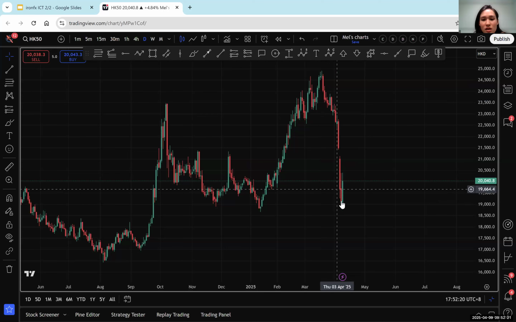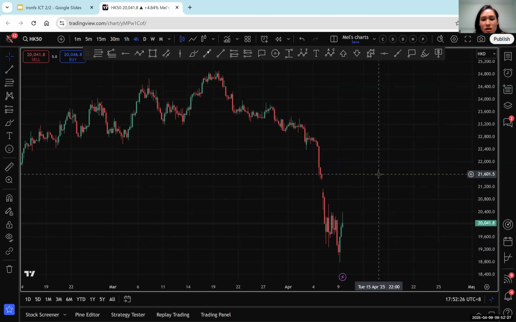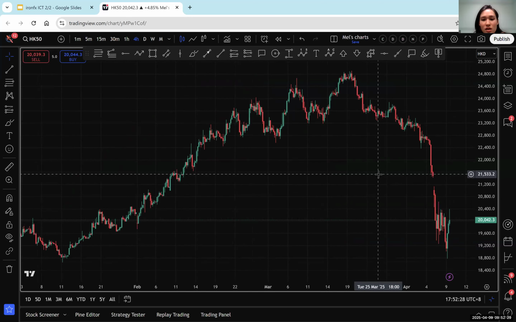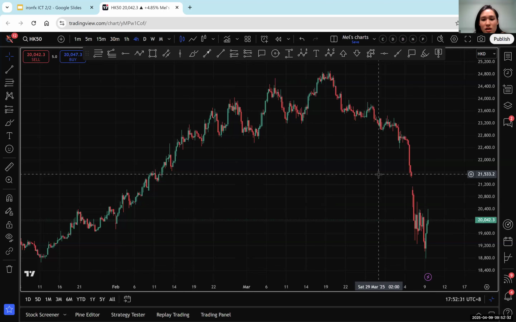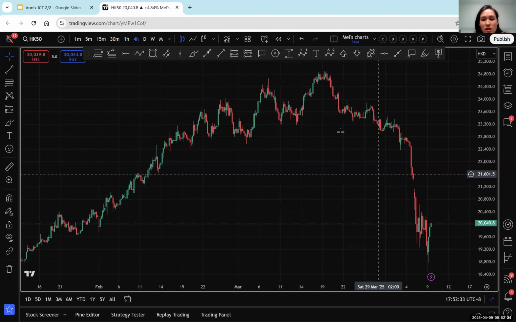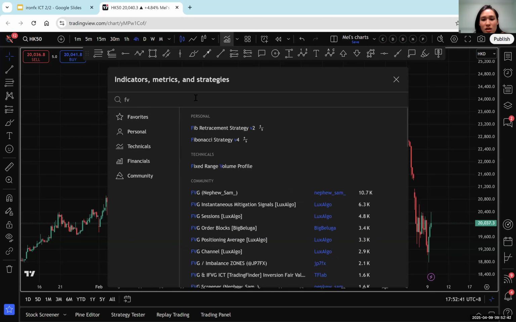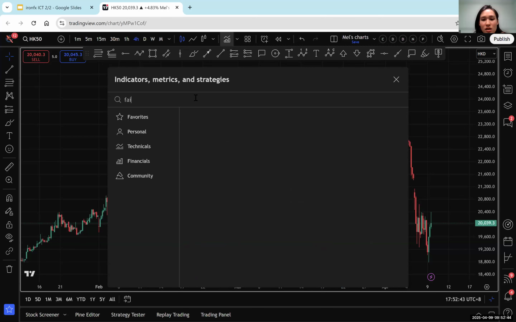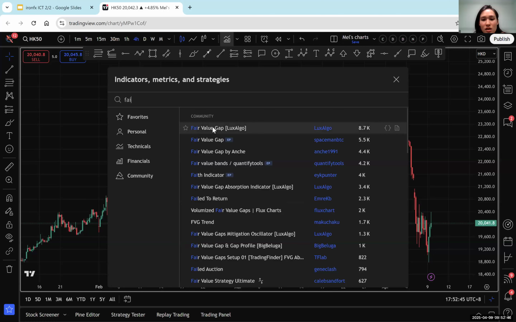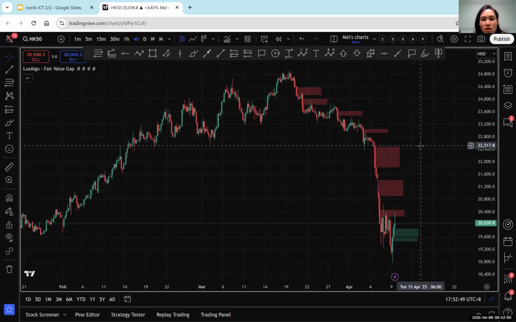So here we have prices moving downwards with a slight uptick recently. On the 4-hour time frame, it's a general downtrend as well. I think last week someone asked how to identify FVGs as well, and the easiest way is to just use an indicator.